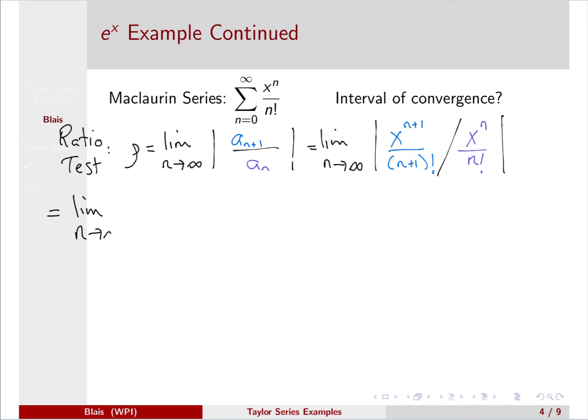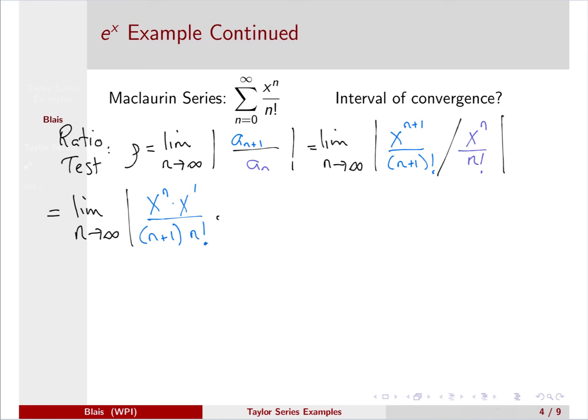And let's simplify and see if we can compute this limit. This is the limit as n goes to infinity. We want to try and cancel some things, so let's pop off one of these x's. Let's rewrite that term as x to the n times x to the 1 using our rules for exponents. And in the bottom, let's pop off the top term from the factorial. So we have n plus 1 times n factorial.